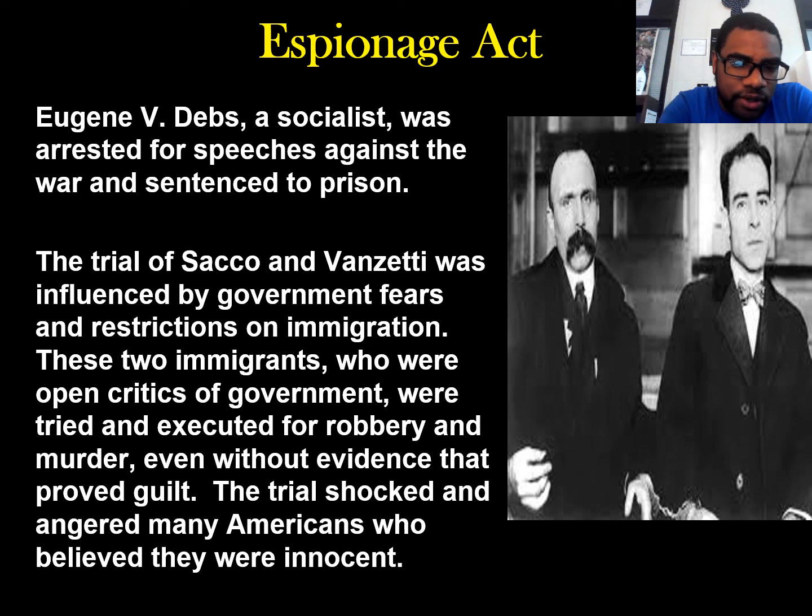These two immigrants, who were open critics of the government, were tried and executed for robbery and murder, even without evidence that proved guilt. The trial shocked and angered many Americans who believed they were innocent.